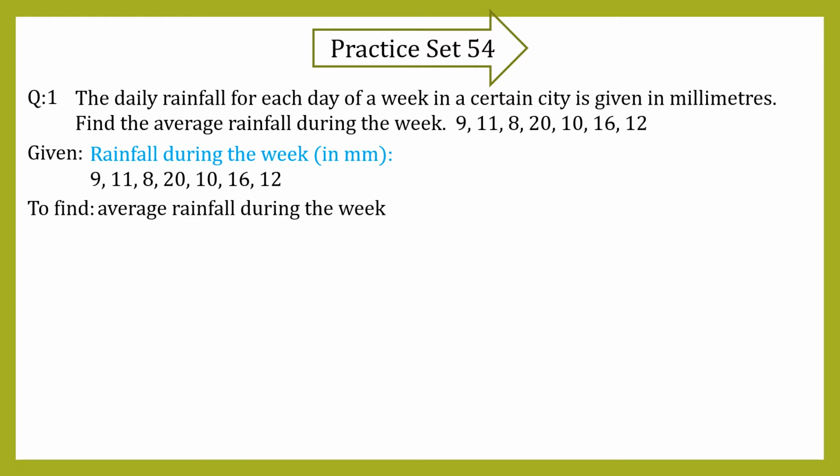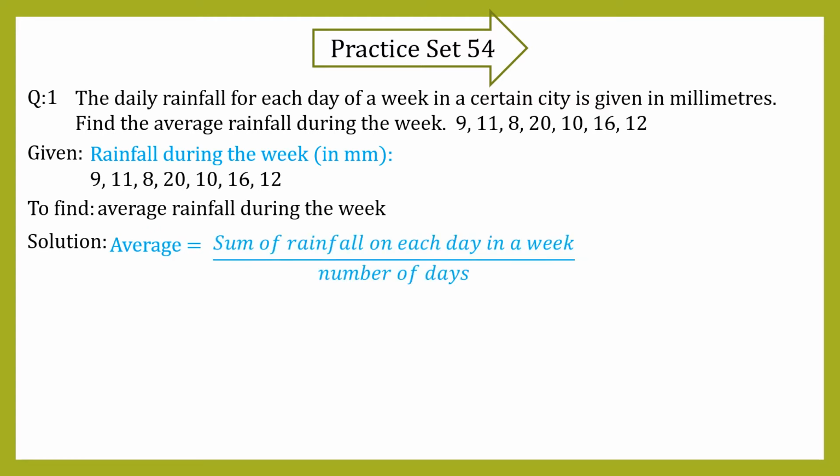So the formula will become: average is equal to the sum of rainfall on each day in a week upon the number of days. Let's put in the values. It is equal to 9 plus 11 plus 8 plus 20 plus 10 plus 16 plus 12 upon the number of days, which are 7. Yes, we have 7 days in a week.